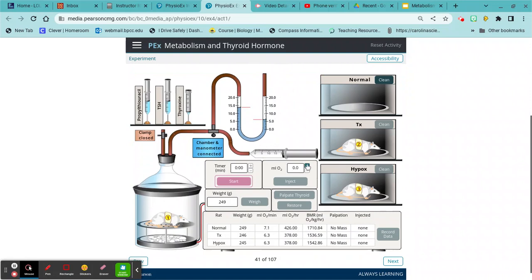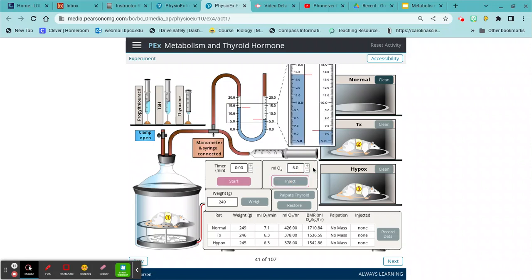Okay, so then I'm going to turn this one on, and then I'm going to turn that one off. It has been averaging in the 6s, so let's start at 6. And we'll inject.